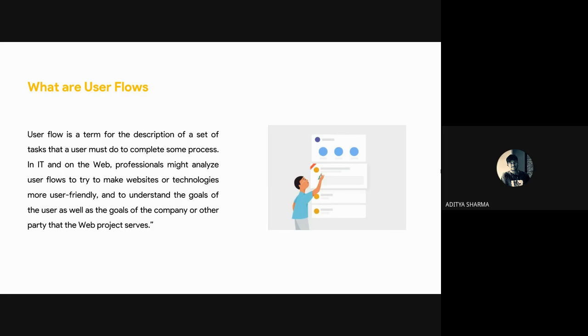And how do we create it? After finalizing the functionalities of the application that we are ideating, we will move on to the user flows. How should the user start in the application, and how should the user end at some process, right?